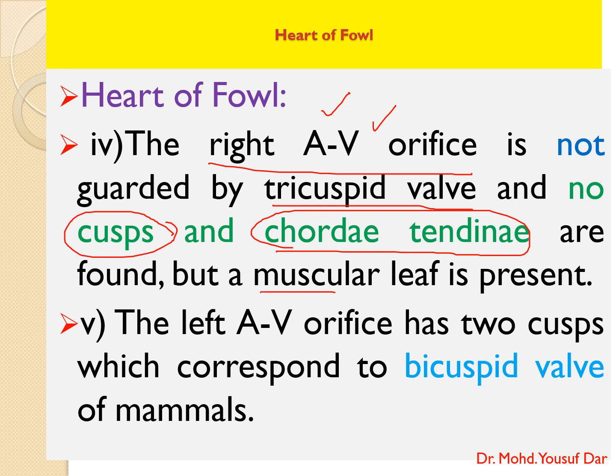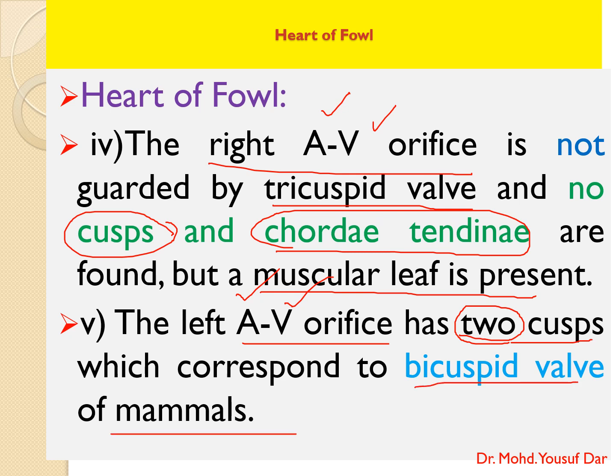But a muscular leaf is present in the right atrioventricular orifice. The left atrioventricular orifice, which communicates between the left atrium and the left ventricle, is guarded by two cusps, which correspond to the bicuspid valve of the mammals.